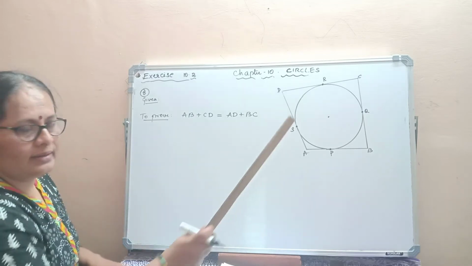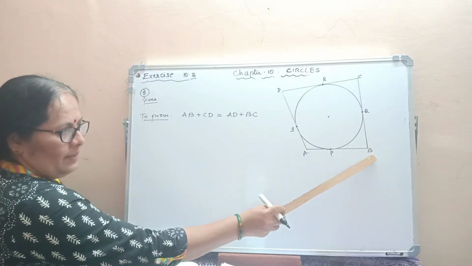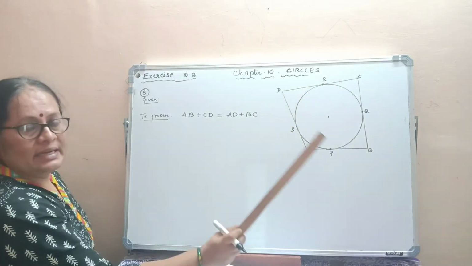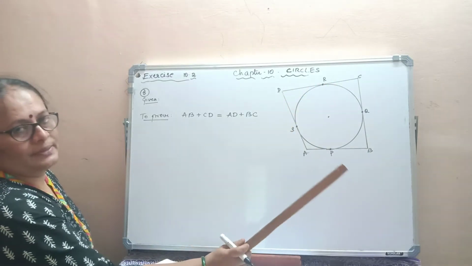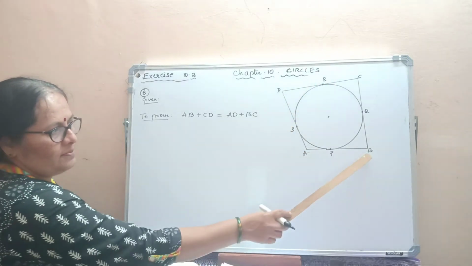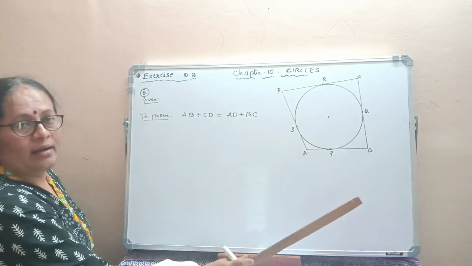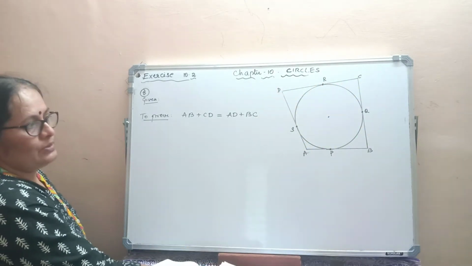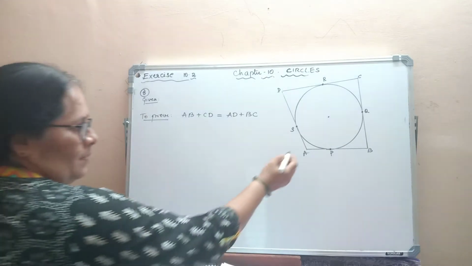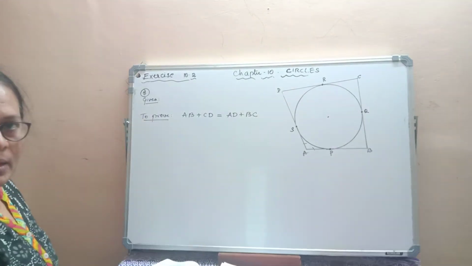You know that points A, B, C and D are exterior points. So, tangents from an external point to a circle are equal in length.